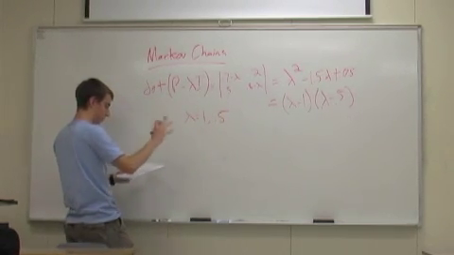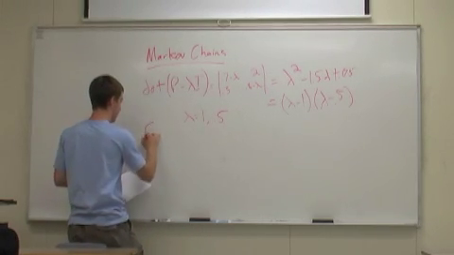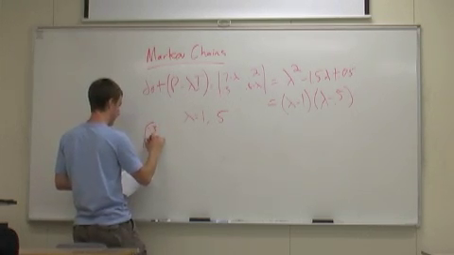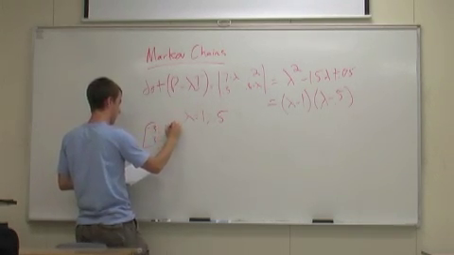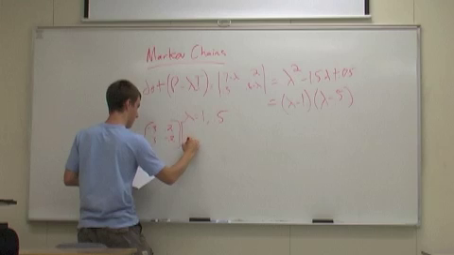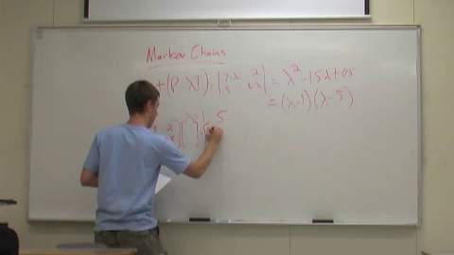So that's good. Now we have to find the actual eigenvectors. To do that, you take your probability matrix and subtract lambda I, and then you get 0.2, negative 0.2, and so on, times your eigenvector equals 0, 0.